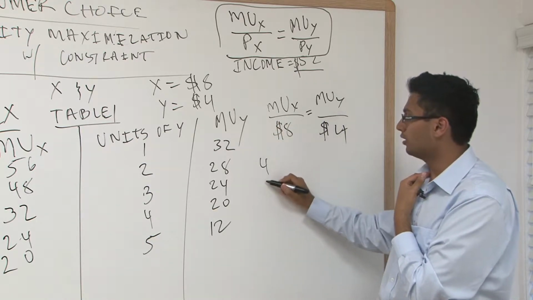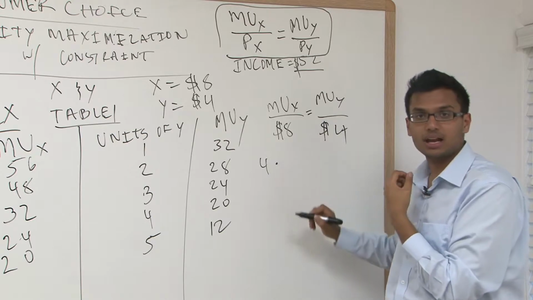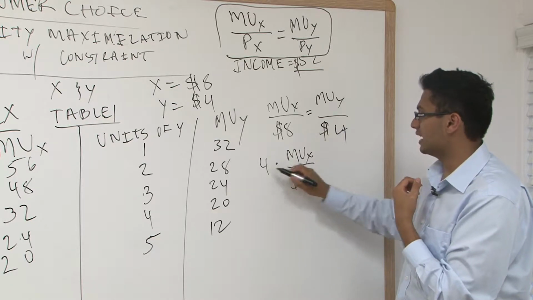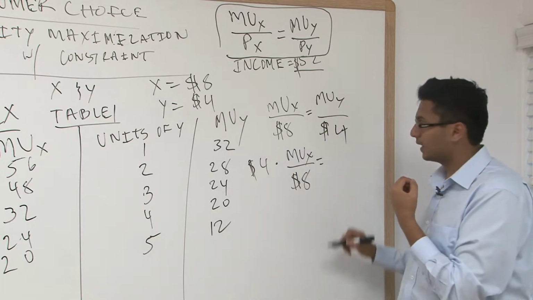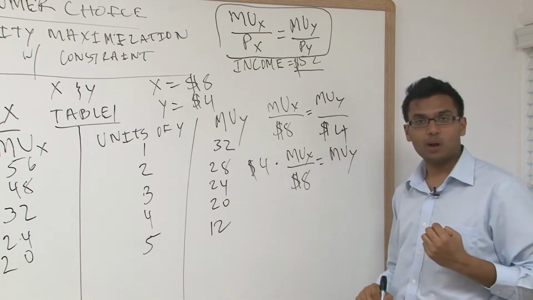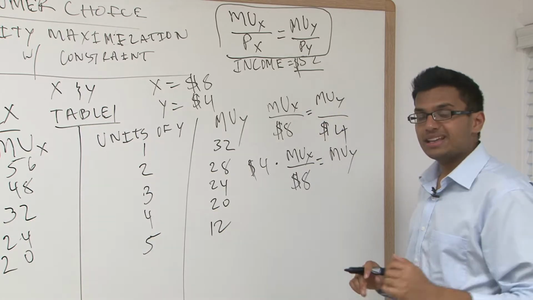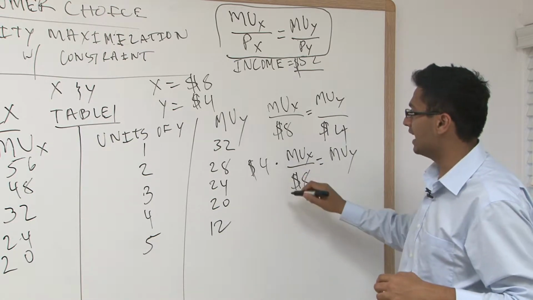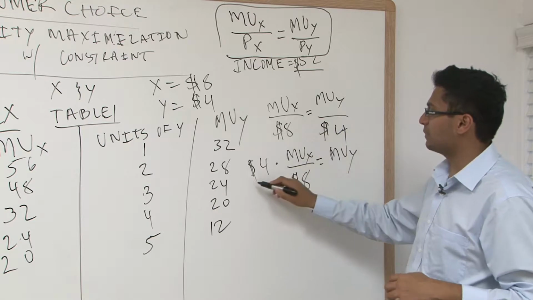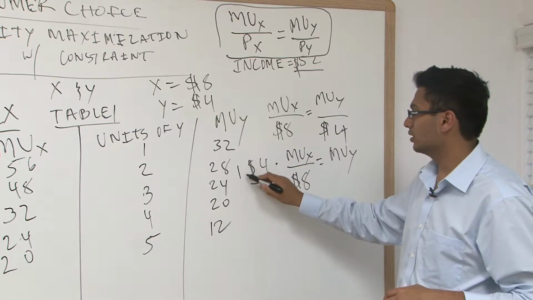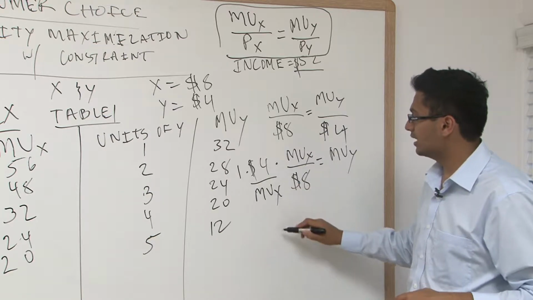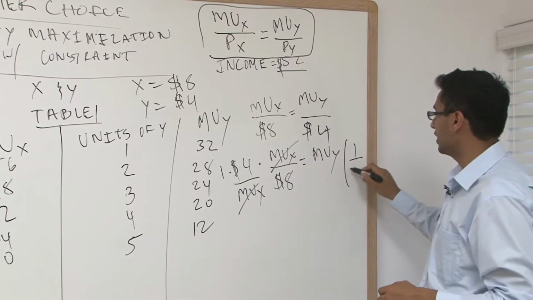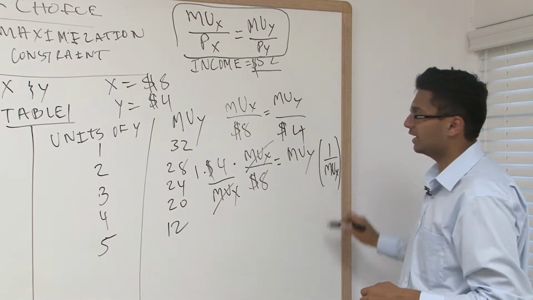So I get 4 times MUX over 8, where this is $8 and this is $4, is equivalent to MUY, the marginal utility of Y. Now, I'm also going to multiply each side by 1 over MUX. On this side, the MUX cancels out.